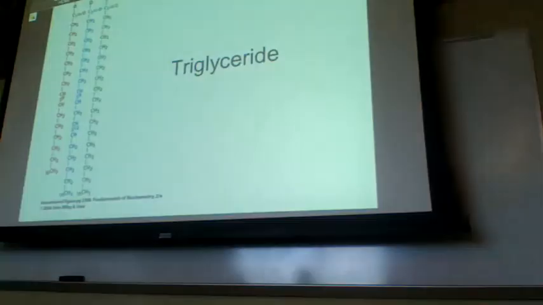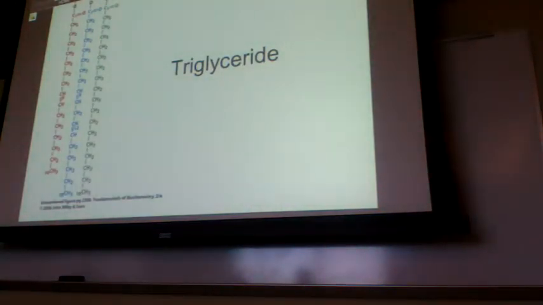So, a triglyceride, an example from your book: 1-palmitoleoyl, 2-linoleoyl, 3-stearoyl glycerol. Glycerol is in black up here. That is my little glycerol backbone, and these are ester linkages to fatty acids. We're going to draw these out in a bit.